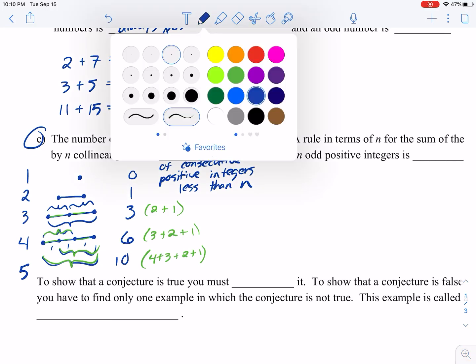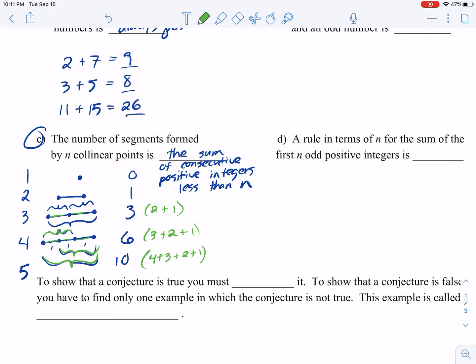And hopefully you can see that here. N standing for the number of collinear points. So if we had 4 collinear points, it's going to be the sum of the consecutive positive integers less than n. 3 plus 2 plus 1. For 5, 4 plus 3 plus 2, 3 plus 2 plus 1.